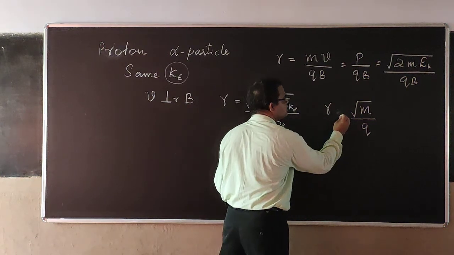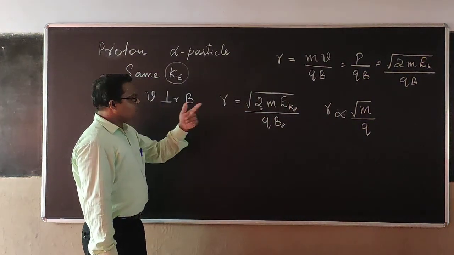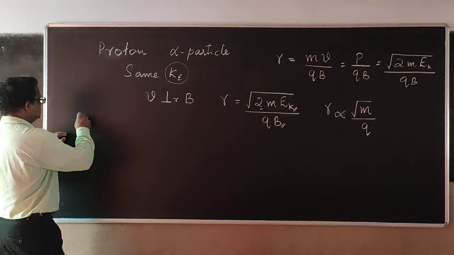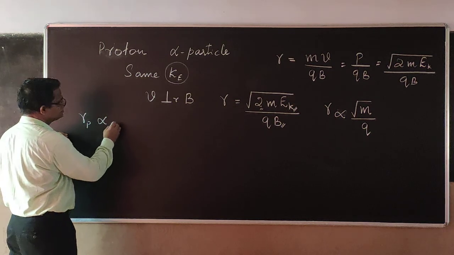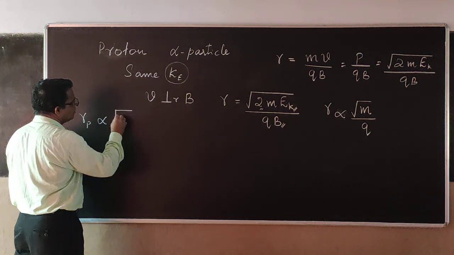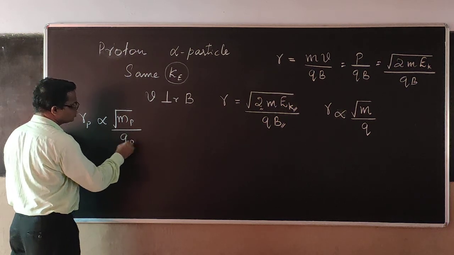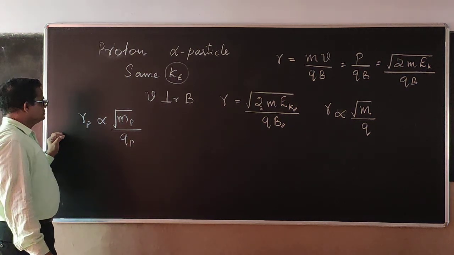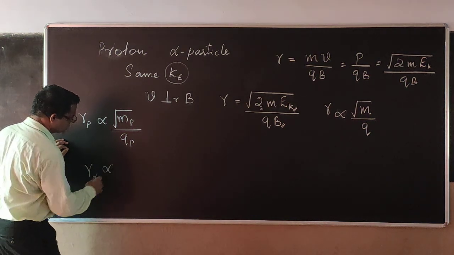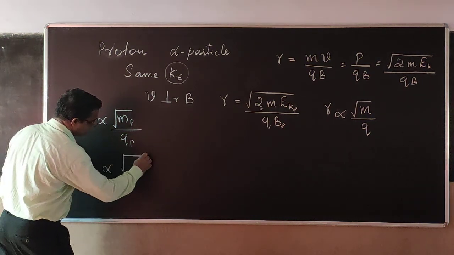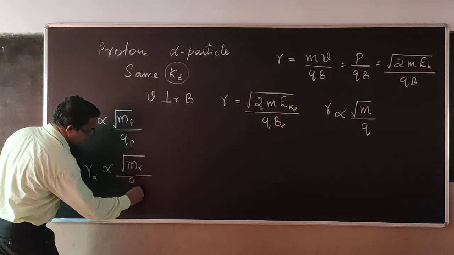It's not equal, it is proportional. Now you can use that: radius of the proton path is proportional to root of mass of proton by charge of proton, and for the alpha particle, proportional to root of mass of alpha particle by charge of alpha particle.